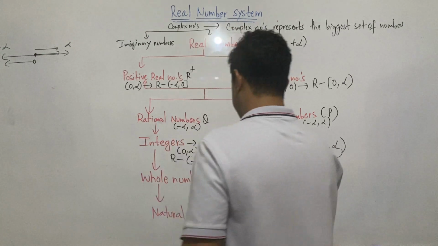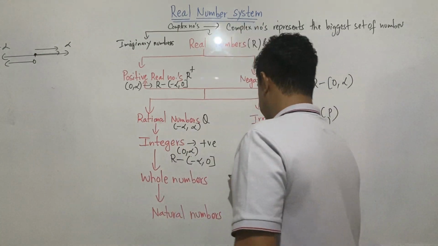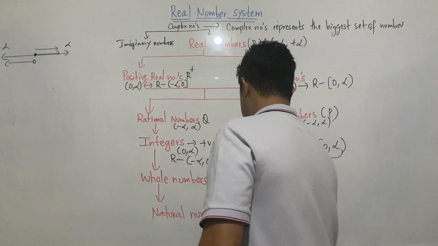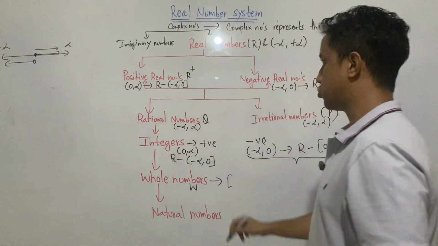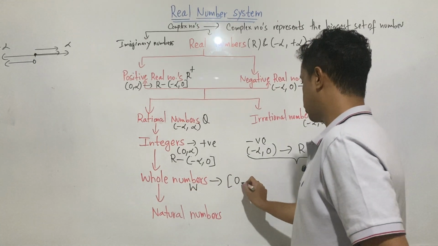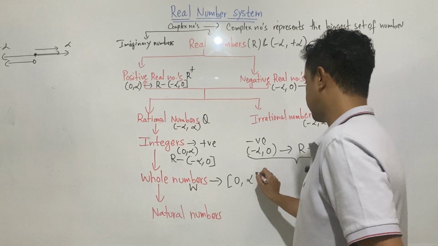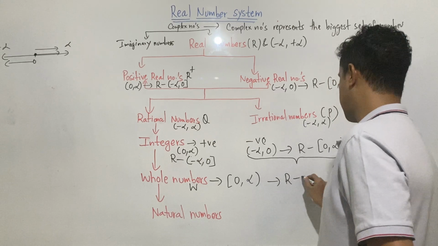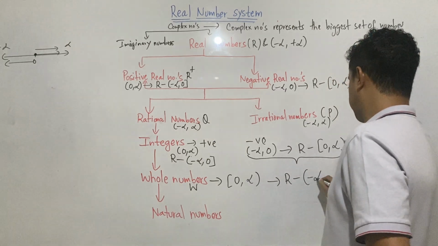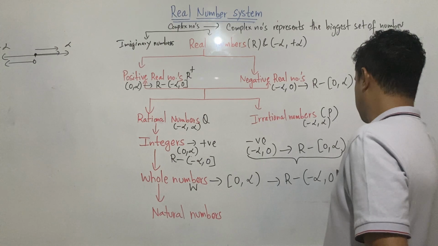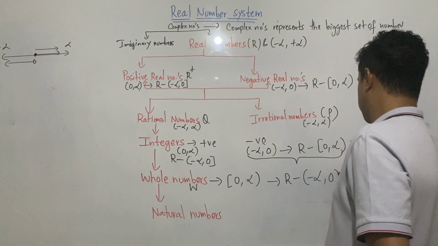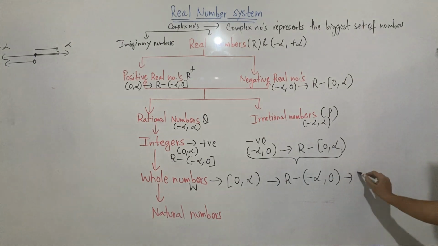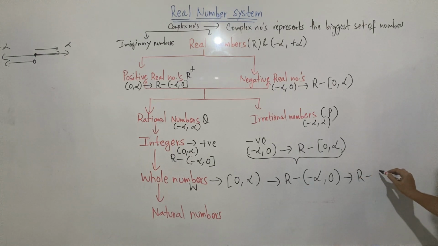So whole numbers are represented by W, and the domain is going to be 0 to infinity, or you can say R minus minus infinity to 0, or it can also be written as R minus R negative.